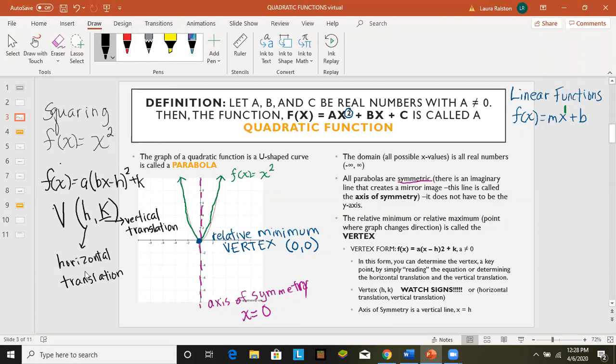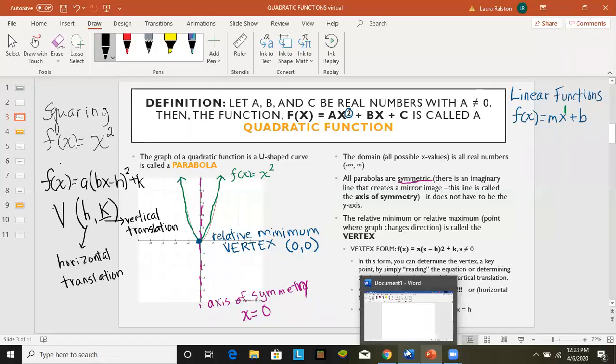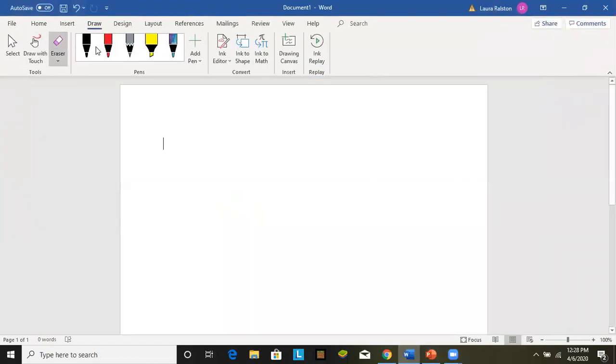Okay, so I want to go over to a Word document, and I just want to look at an example like we were doing earlier in Unit 2 related to this quadratic, so that hopefully we can make some connections a little bit later as we go. So let's say, for example, we have the problem f of x equals -2 times the quantity x minus 3 squared plus 1.